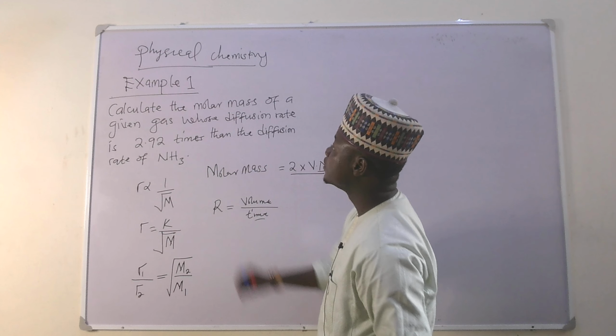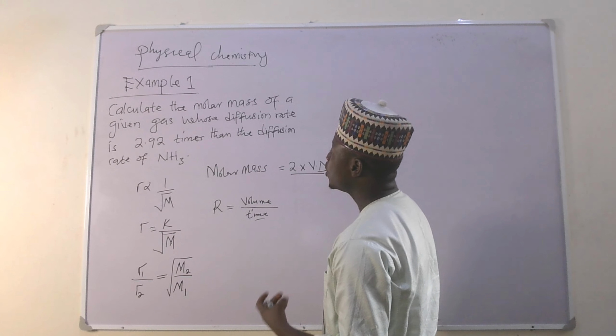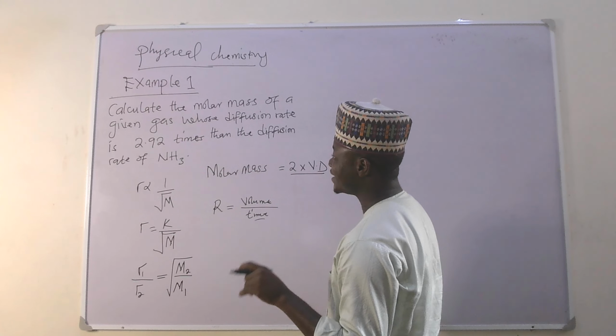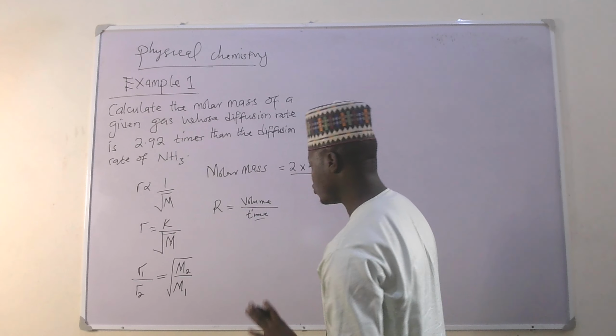Here the question says: calculate the molar mass of a given gas whose diffusion rate is 2.92 times the diffusion rate of ammonia. So here we are talking about two gases.